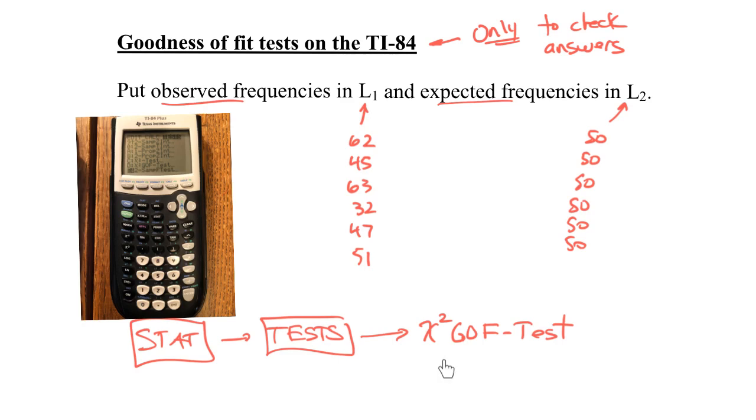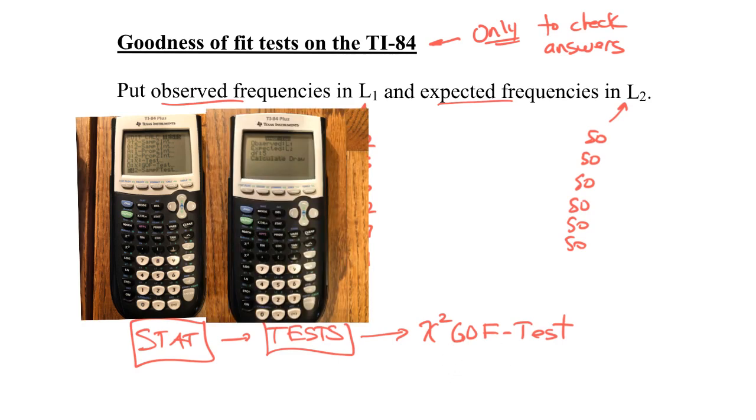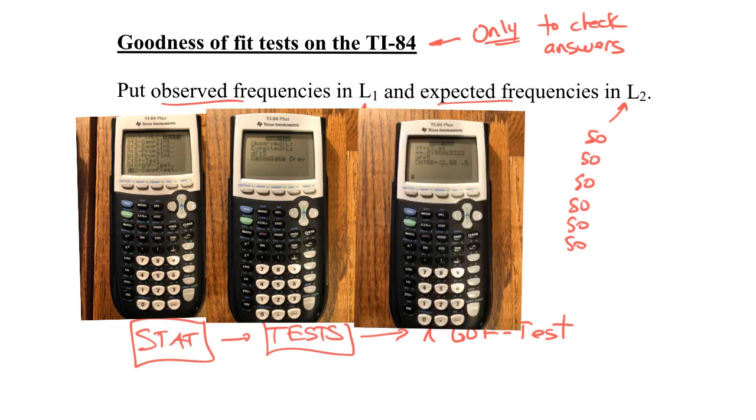So if you do have this on there, you can hit enter. And then it's going to say observed list 1, expected list 2. And the only thing you really have to put in there is degrees of freedom 5. And then you can hit calculate, and it gives us all the numbers that we just had. And if you are actually doing that, you'll see it'll give you the chi-square.